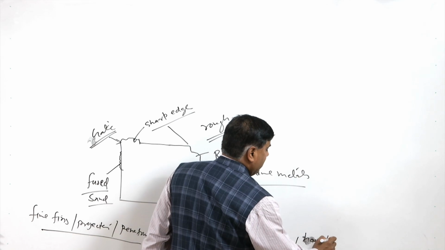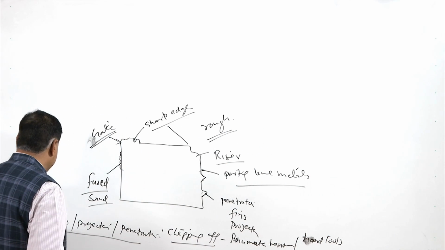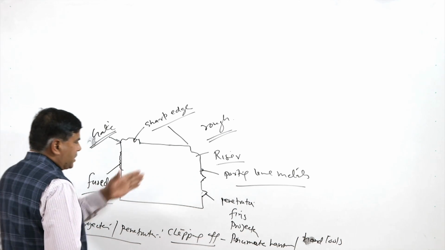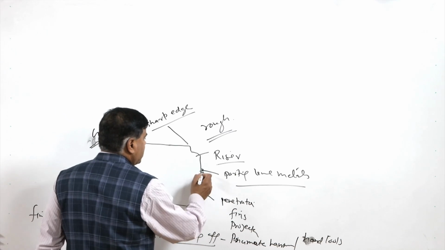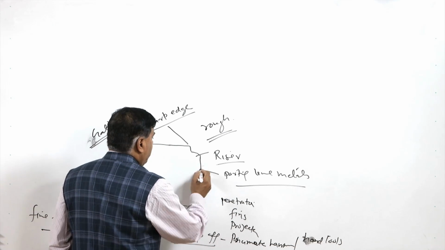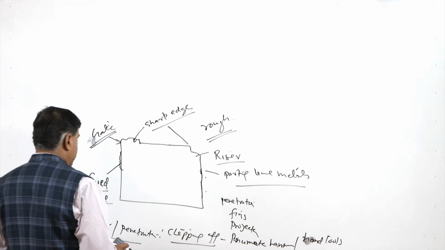Hand tools can also be used for chipping off these fine fins, projections or penetrations present in the casting in order to smoothen the casting. So, once these are removed, all these projections will be removed from the casting and we will get the smooth surface of the casting.